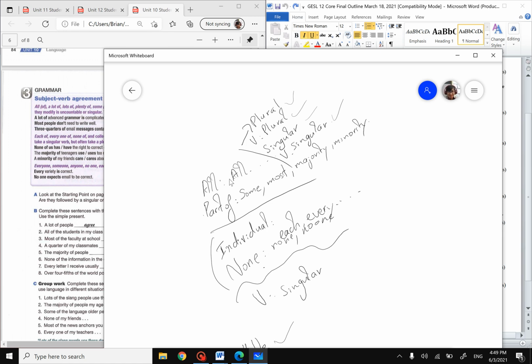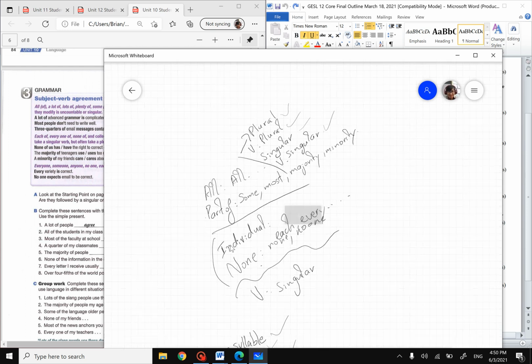Another is the quantifier that means part of, and for that we have some, most, majority and minority, stuff like that. We also have quantifiers that mean individual, something like each, every. And then quantifiers that mean none, something like none itself, or no one.